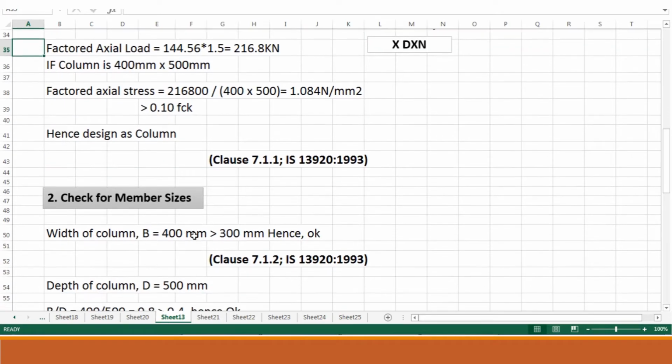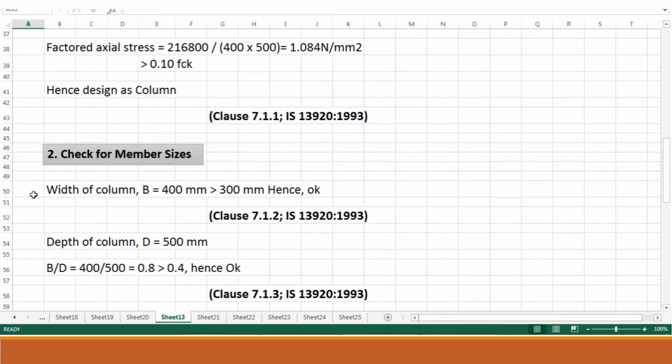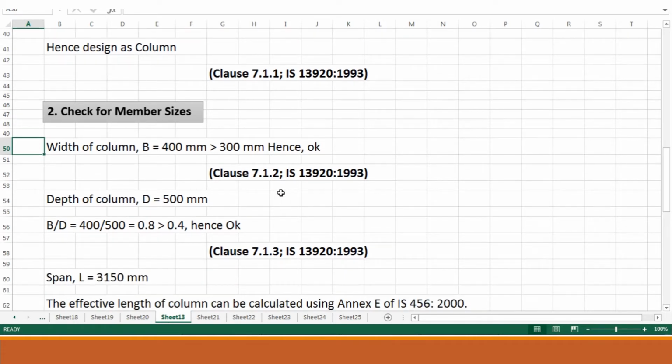1993 or 2016. Now checking for member sizes, the width of the column is 400 mm. That's greater than 300 mm, hence it's okay as per clause 7.1.2. This is also as per IS 13920.